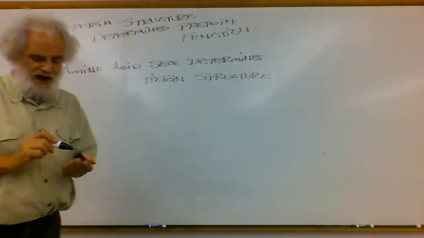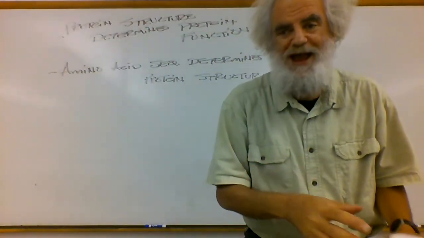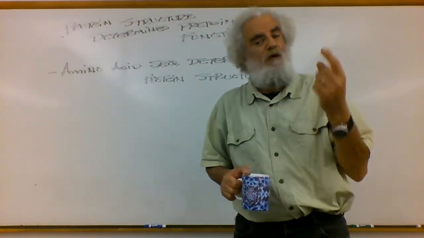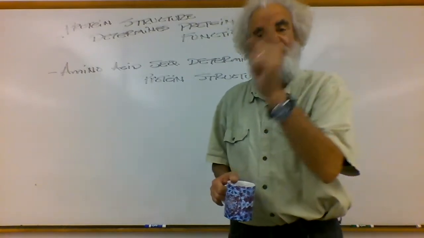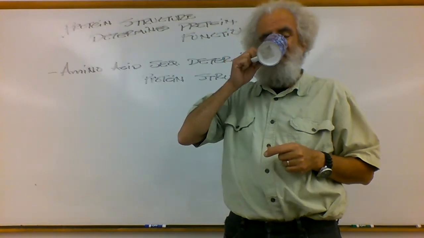So you with me? All right. So a protein has to fold up in an appropriate way in order for it to work. In order for it to fold up in that way, it's got to have the correct amino acid sequence.